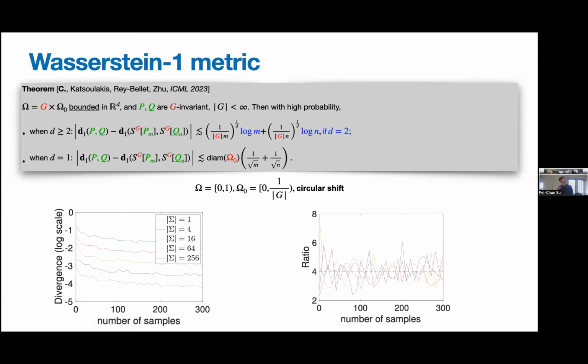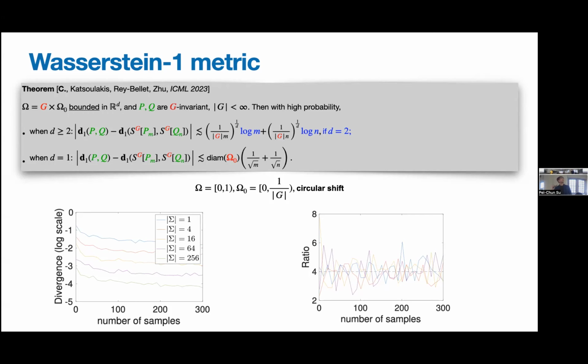Suppose in the d equals 1 case, we have the whole domain as the unit interval. As we increase the group size, the quotient space will shrink, right, if we define the group action as the translation. Here is the plot of the empirical divergences where we put P equals Q and we run 20 replicas, and we increase the group size by a factor of 4 each time.